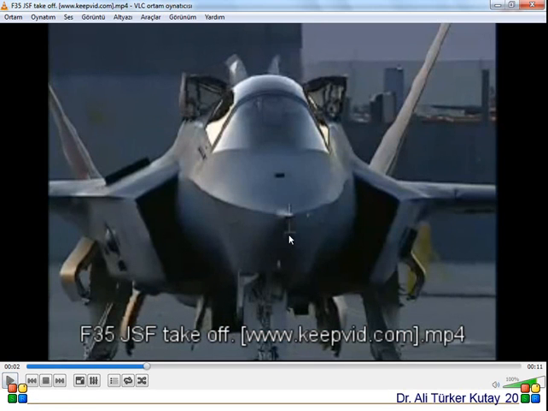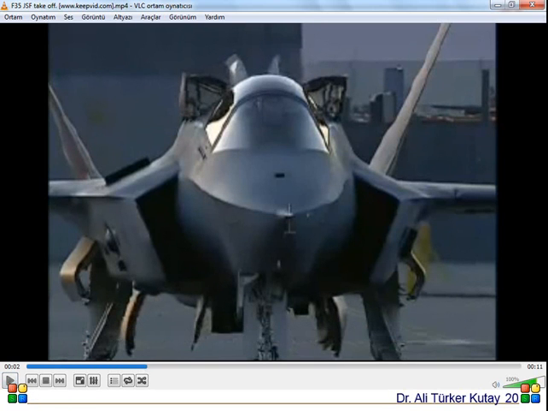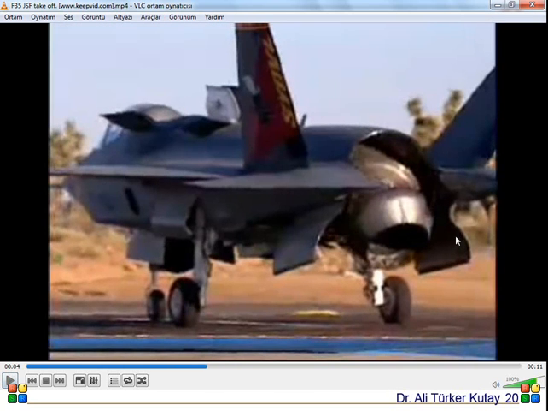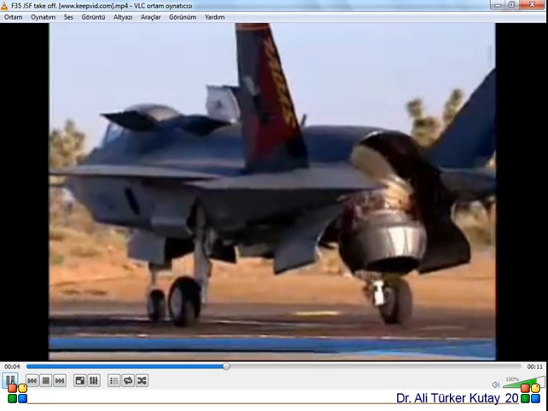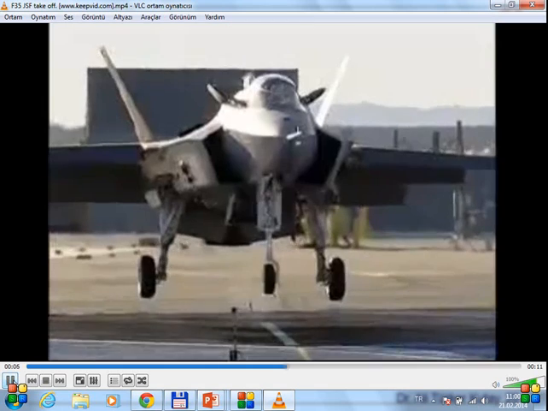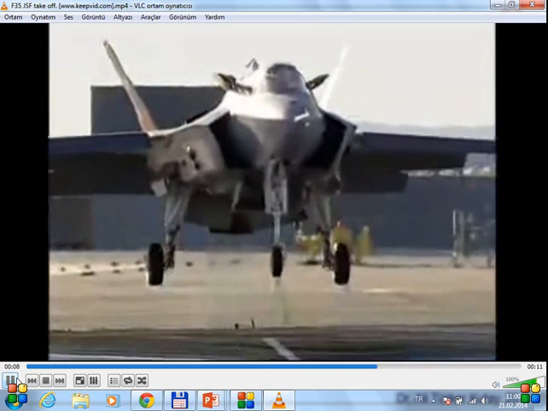So this is neither the static lift concept nor the dynamic lift. So what's happening here is, as you see here, it directs its engine output in the vertical direction, and then there's something in this area as well that we cannot see. So by creating these forces, it starts moving, and this is the thrust force concept.